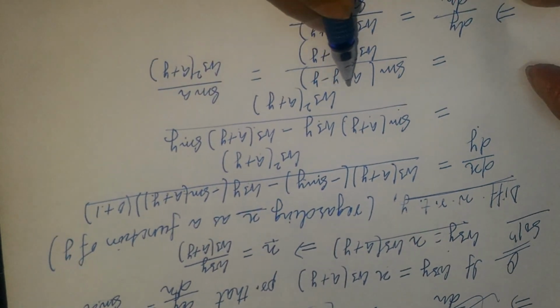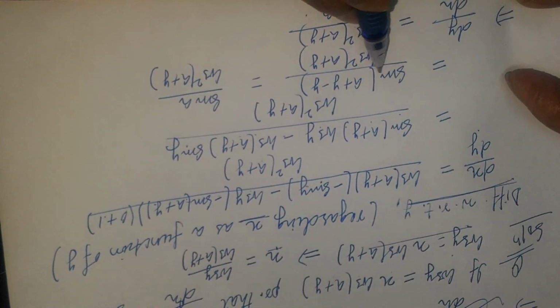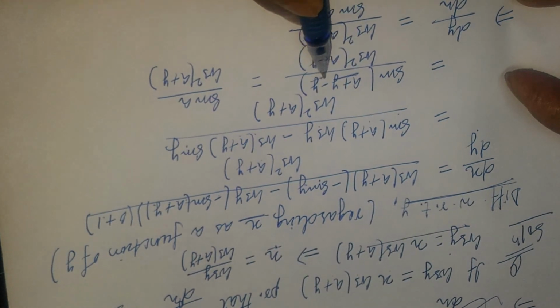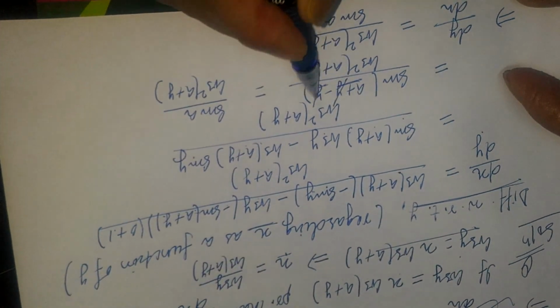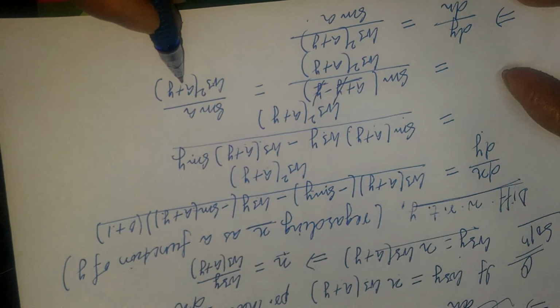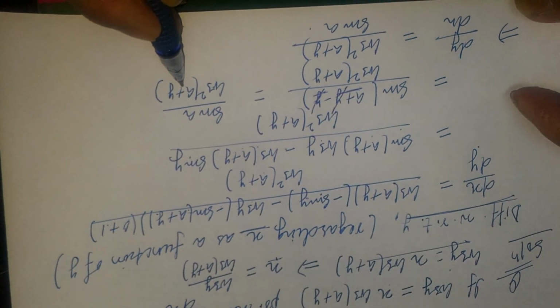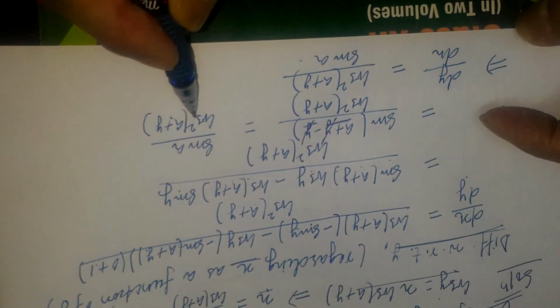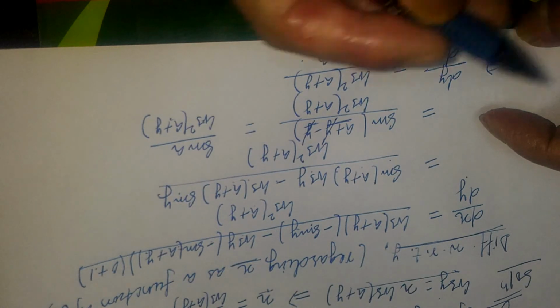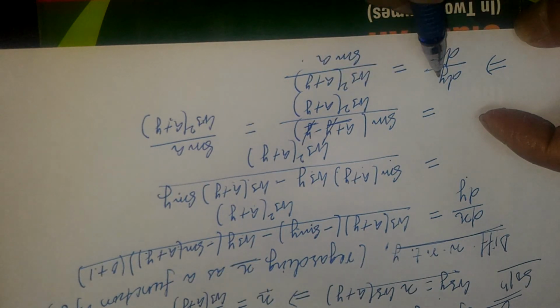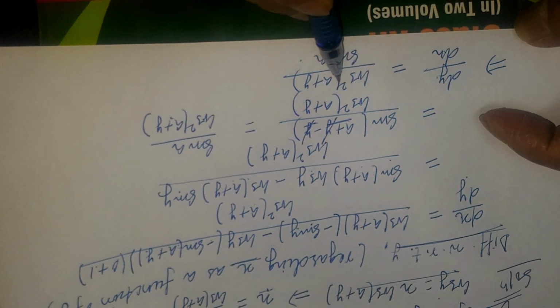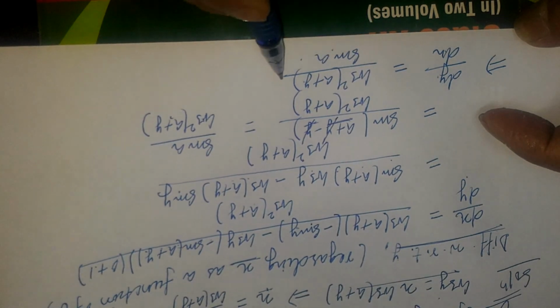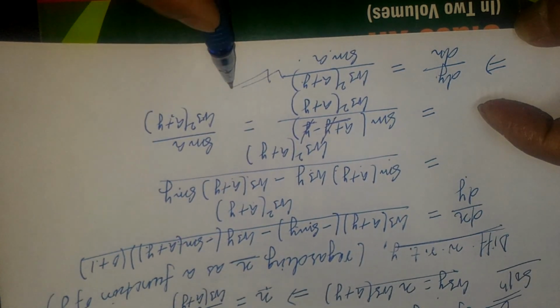This gives you a formula: sin(a plus y minus y). Here we can get y cancelled, so we are getting sin a by cos square (a plus y). So now we can write dy by dx by taking the reciprocal. dy by dx is cos square (a plus y) by sin a, which we wanted to prove.